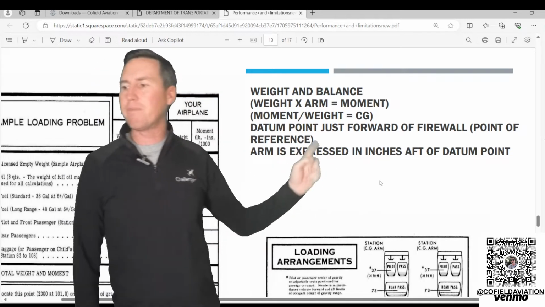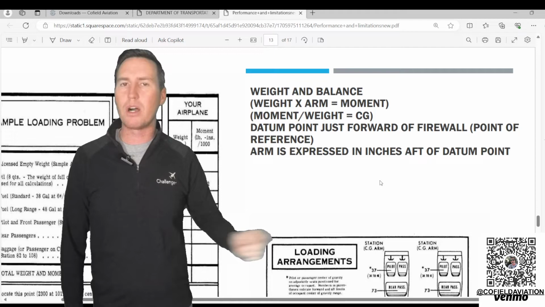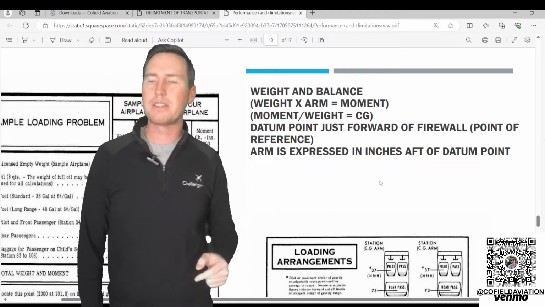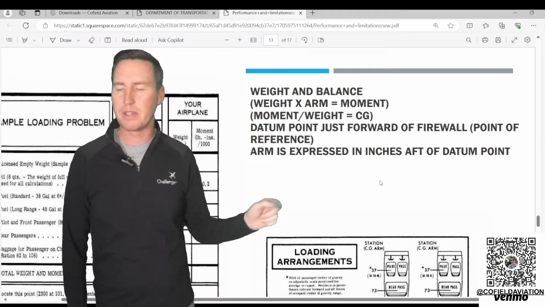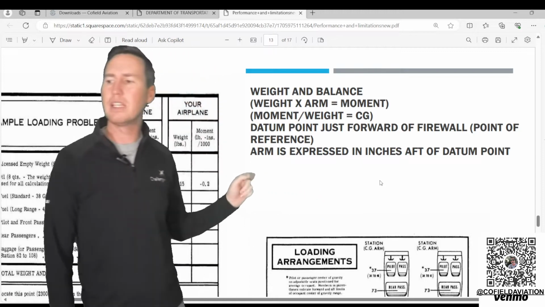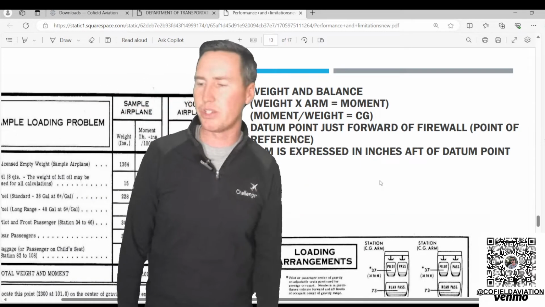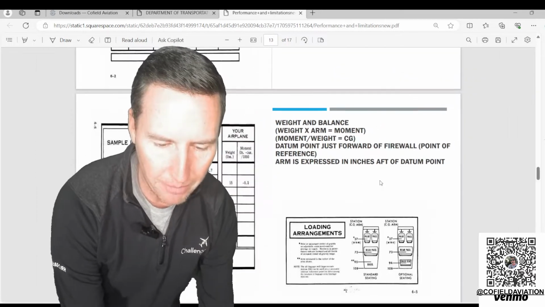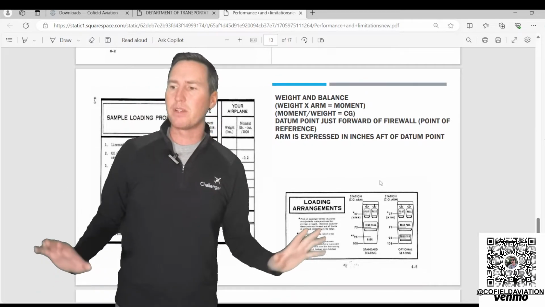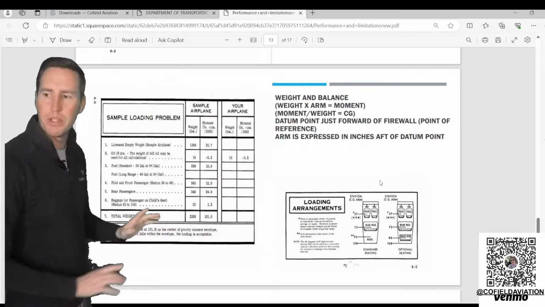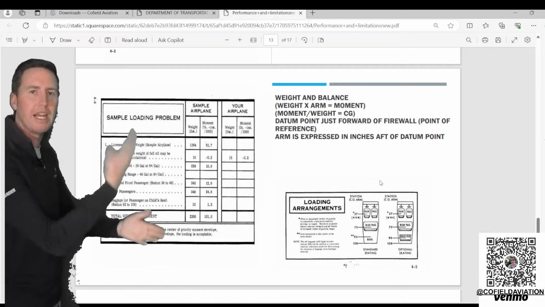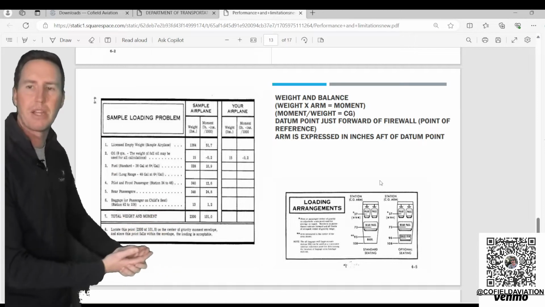So again, datum point is just forward of the firewall. We read exactly lower front face of the firewall off the type certificate data sheet. And then arm is expressed in inches aft of the datum point. Now, in your AFM, if you're not one of our students, you have a sample loading problem in every single weight and balance manual, okay?